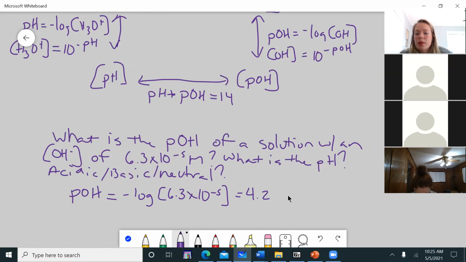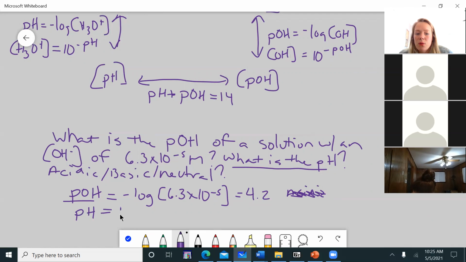Now, some people may look at that and think, oh, this is acidic. It's not actually, because we're talking about the pOH. That's why I wanted you in the second part to say, hey, what is the pH? Let's get it into pH, because pH is the one where the lower it is, the more acidic. On pOH, the lower it is, the more basic it is actually. So scratch that. Let's find pH.